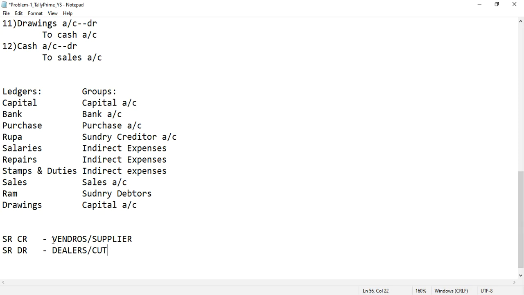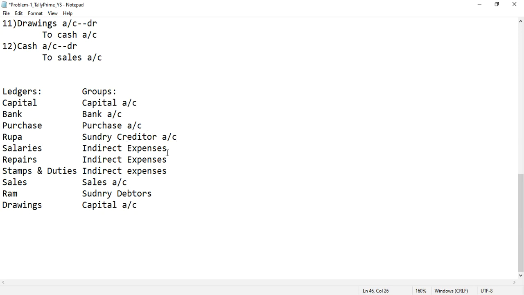Don't confuse between these. If you are purchasing from a particular person or a company, it's a creditor. If you are making a sale to a person or a company, it's a debtor. So we are purchasing goods from Rupa, that's why we are putting her in the sundry creditors.